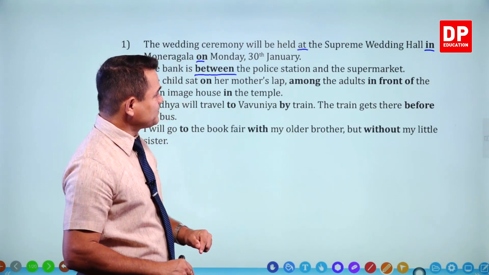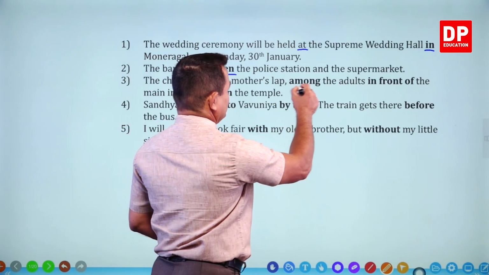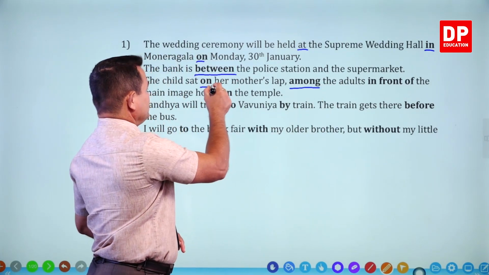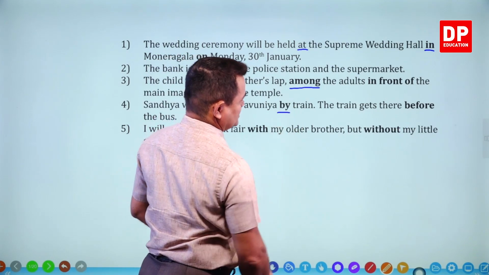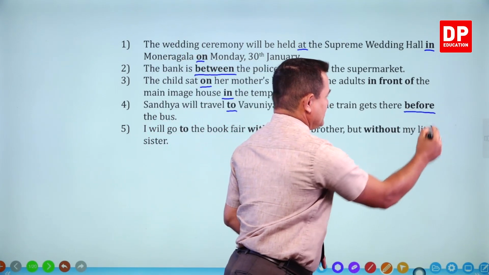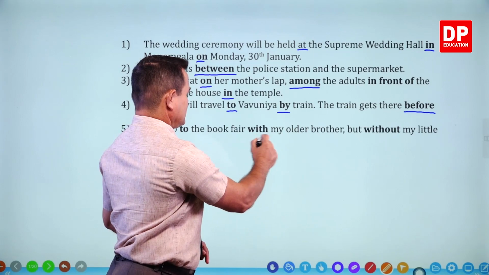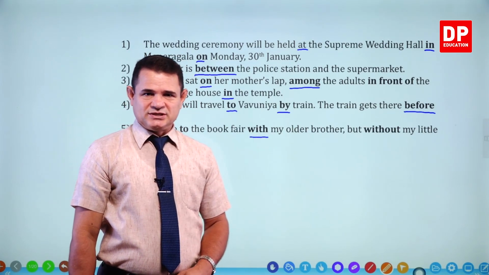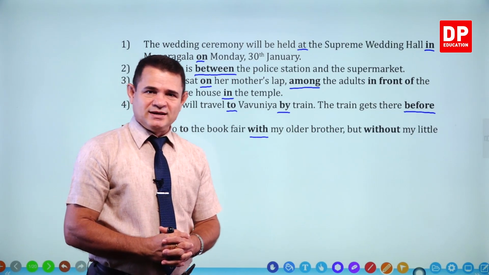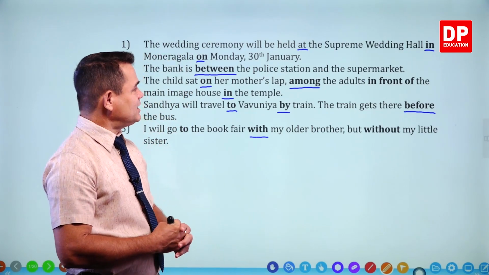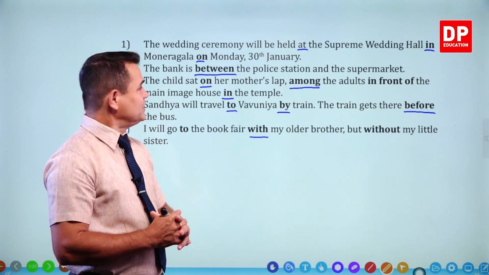We discussed it. And also here the same word among, and on once again. These are the prepositions. So just read it and pay your attention once again.